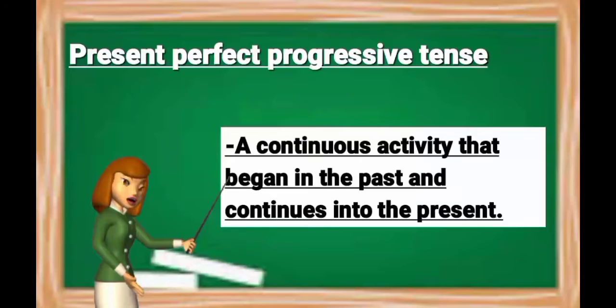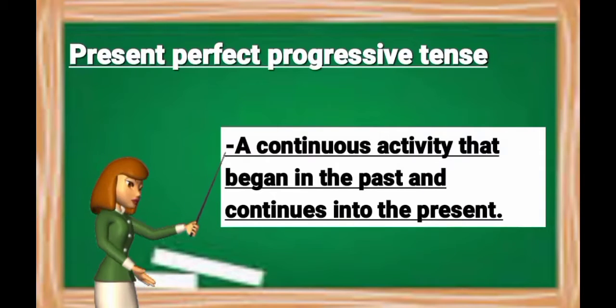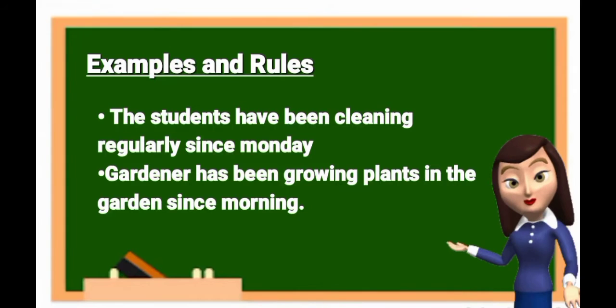And next, present perfect progressive tense: a continuous activity that began in the past and continues into the present. So it means it's already begun, but mo continue pa siya into the present. So for us to understand what present perfect progressive tense is, here are the examples.